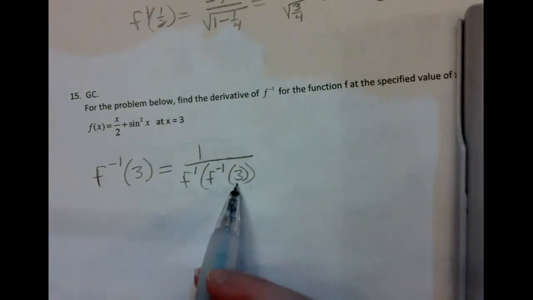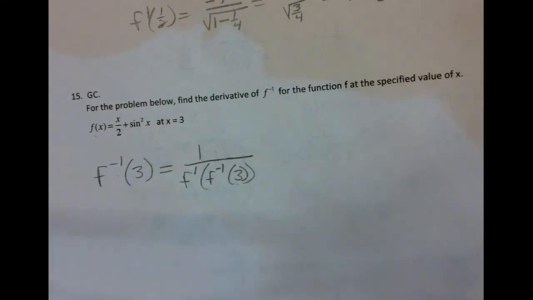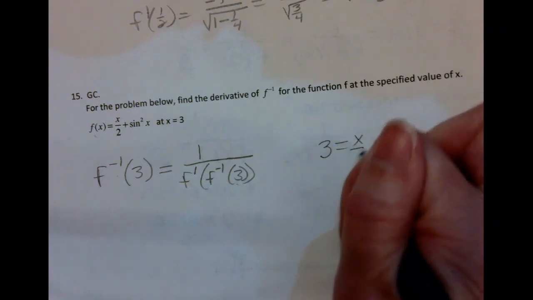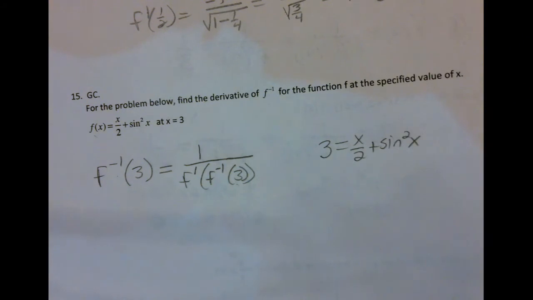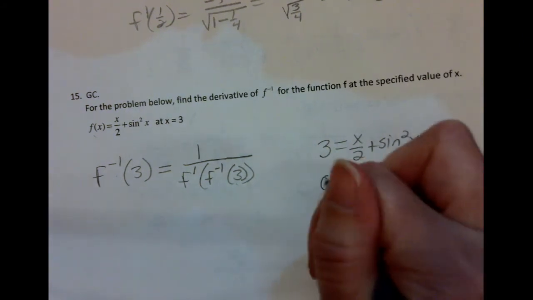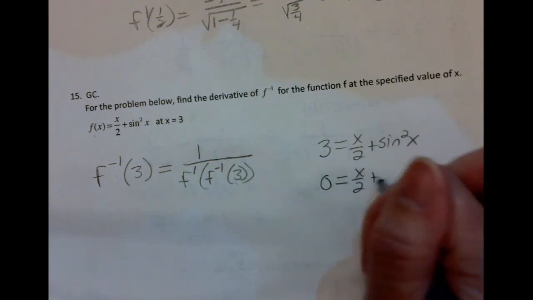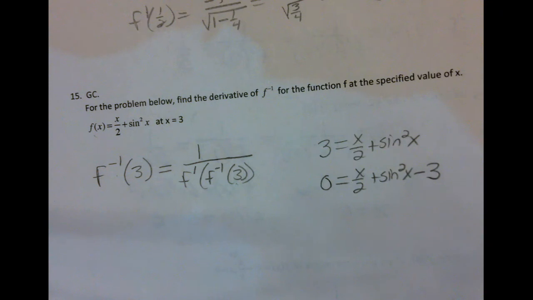The x value on the inverse is the y value on f of x. So off to the side, I'm going to say 3 equals x over 2 plus sine squared x. I think it's easier to find a zero of a function rather than an intersection of curves, so I always slide my numbers over to create a zero.